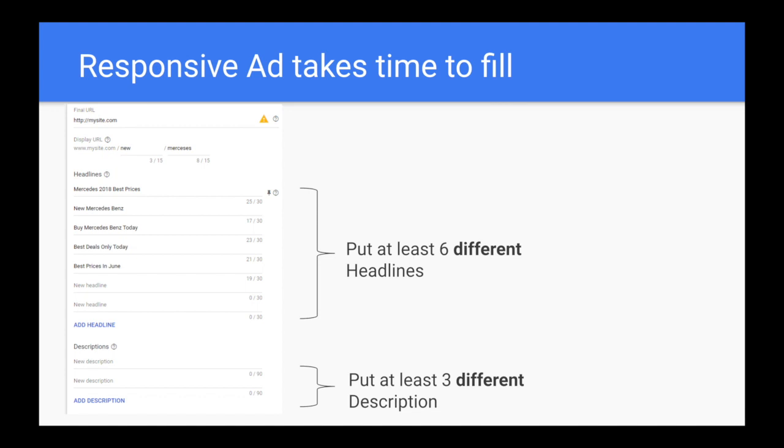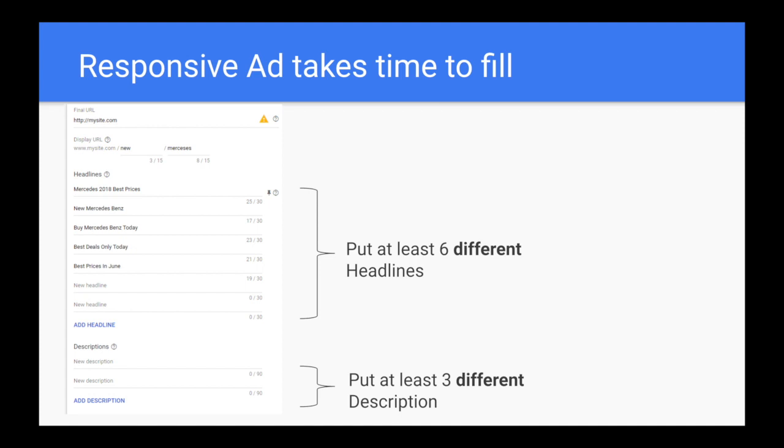And this is how it looks. So you have 1, 2, 3, 4, 5, 6, 7, I believe 7 by default headlines, and you have 2 descriptions by default. My recommendation would be to try to put at least 6 different headlines, and by different I mean that at least a couple of them will have the same meaning.